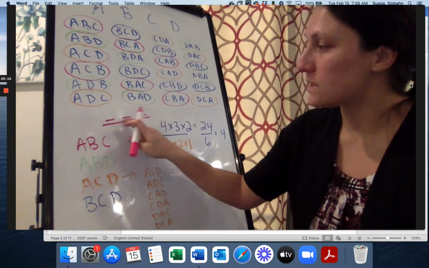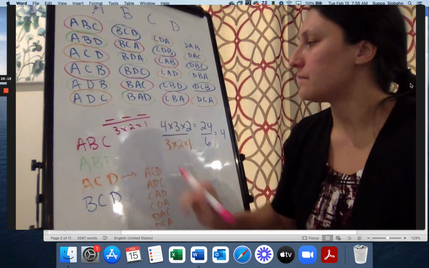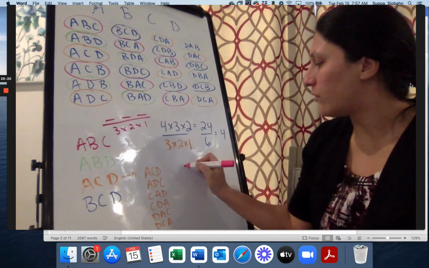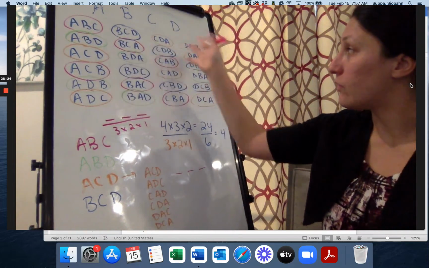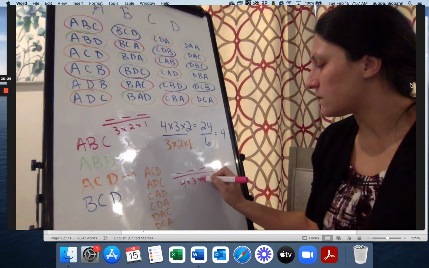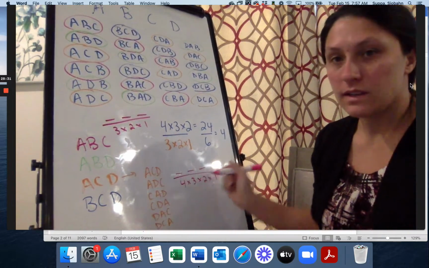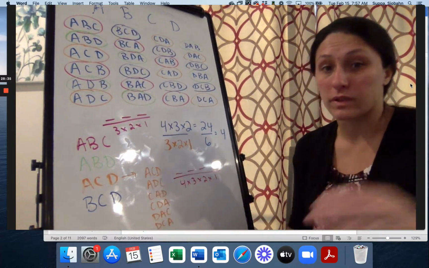In this case, if you have 3 things, you would be dividing by 3 times 2 times 1. If you had 4 things on top, like let's say you wanted to select 4 dogs, then on the denominator you would divide by 4 times 3 times 2 times 1 because you're ordering 4 things and you're removing all of the duplicates of those 4 things.